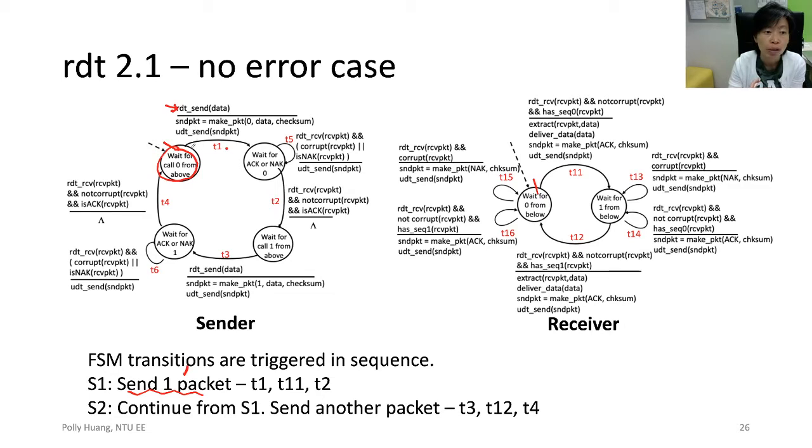So, obviously, the first transition we'll be taking is at the sender side, and it's T1. It matches this event here, and it's going to complete all the actions listed here, which is to generate data packet 0 and send it out. At this point, the sender enters the wait for ACK or NACK 0 state, right?